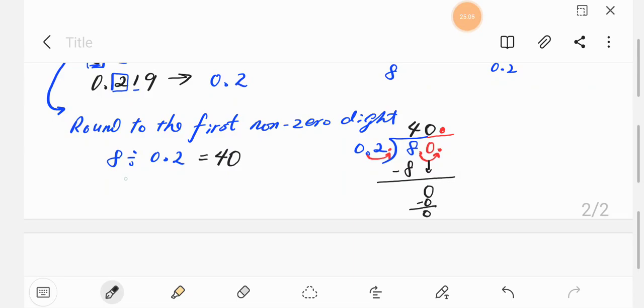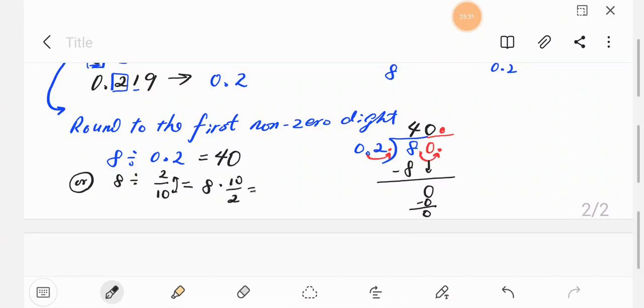Or you can do it this way. 8 divided by 0.2 is the same as 8 divided by 2 over 10, right? Then you can convert this division into multiplication and switch these two. So there will be 10 over 2.